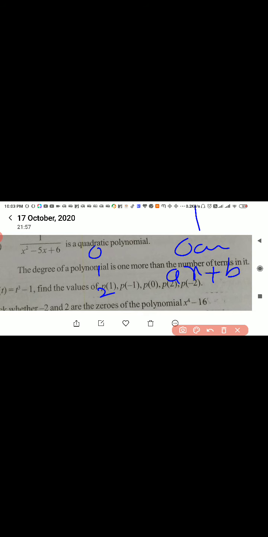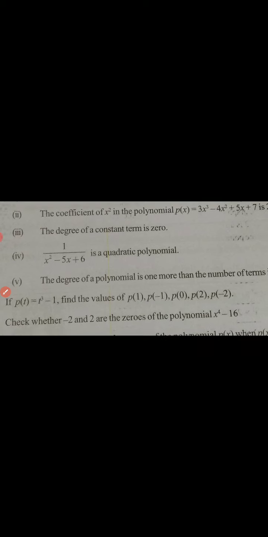If the degree is 2, it is ax square plus bx plus c. Comparing these three, the degree is 1 less than the number of terms, so the statement is right, no doubt. The degree of the polynomial is 1 less than the number of terms in it. Yes, it is right. True statement.